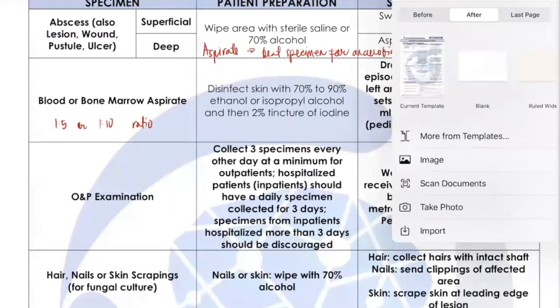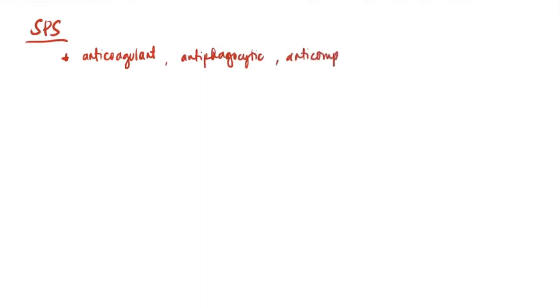I just have to mention the things we should remember when it comes to SPS. SPS serves as an anticoagulant. It is also antiphagocytic and anti-complement. Its being antiphagocytic and anti-complement is to make sure that the sodium polyanethol sulfonate supports the viability of the organism to be detected.